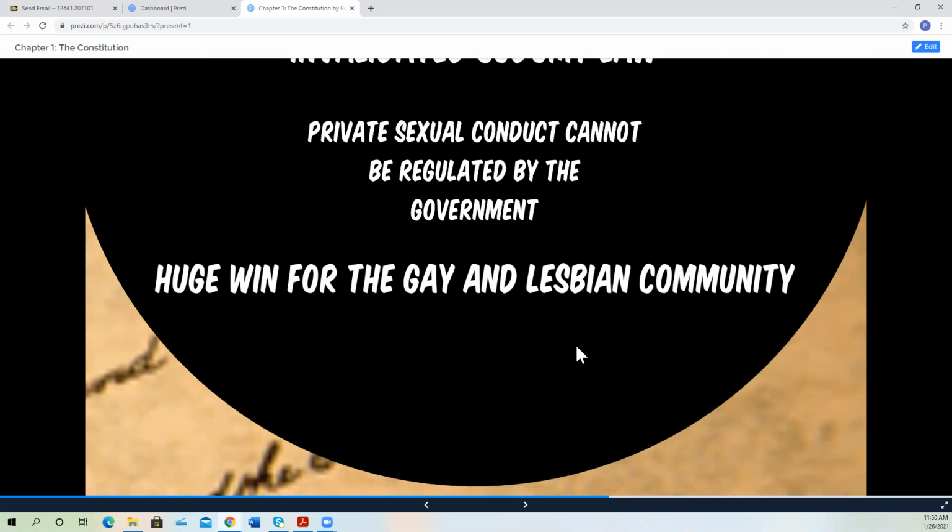It was really the first United States Supreme Court that started recognizing rights of gay and lesbian people. So it was a huge win for that community, because now the Supreme Court said, and remember, the judicial branch, it's their job to oversee, in checks and balances, the executive branch and the legislative branch. And they said that we interpret this law to violate the Constitution.